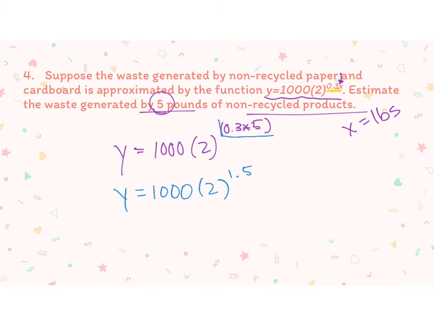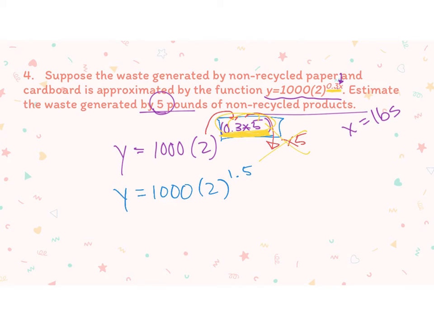If you do not do this part first, your calculator will likely raise the 2 to the 0.3 power and then come down and multiply by 5 after, and that is not what you want it to do. You need these 2 things to be together. So it's very much to your benefit to multiply those 2 things together first.